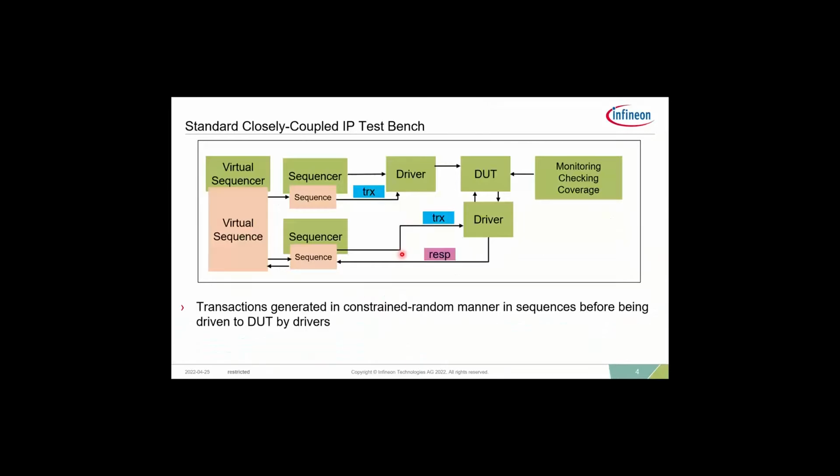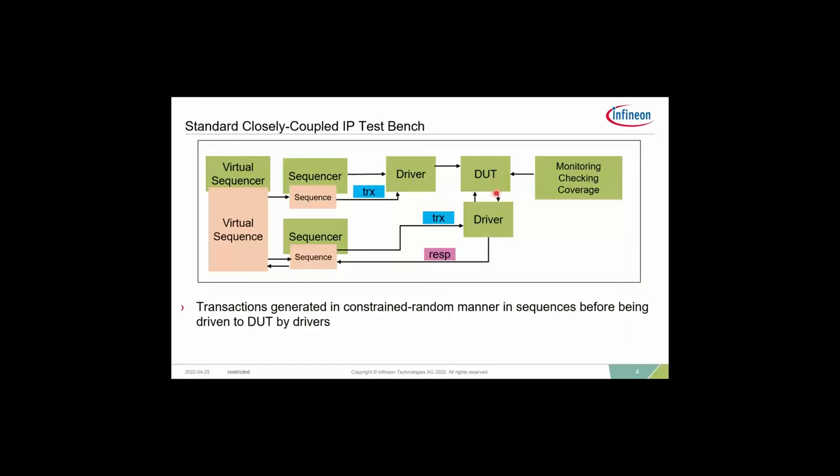So this is what a standard closely coupled IP test bench may look like. You have sequences which generate transactions in a constrained random manner. The transactions are passed on to the driver somehow, and then the driver drives them onto your DUT.